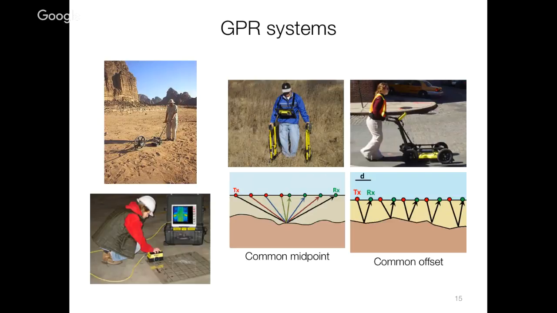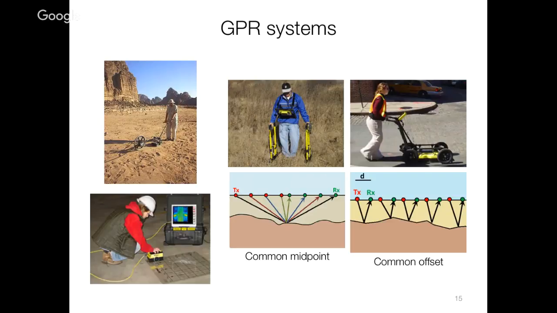These antennas, you could imagine doing a common midpoint together. You simply take a midpoint, and then you gradually expand the transmitter and the receiver symmetrically about that point. And then you could think about these reflections that are coming from a single point.